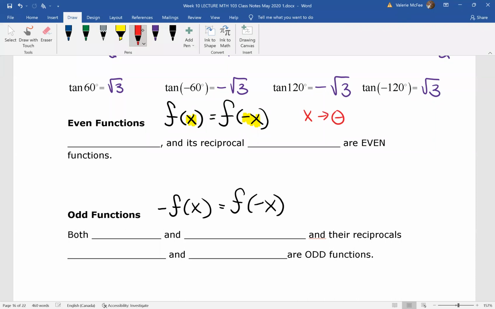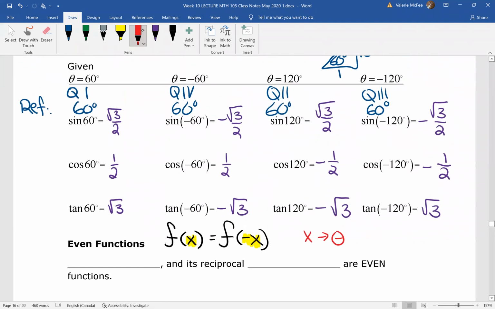So we're looking for questions where the answers are the same even when theta is the opposite of each other. So if you look at these, can you see which function or functions might be even? I hope you see it here. Cosine of 60 degrees and cosine of negative 60 degrees both equal positive 1/2.